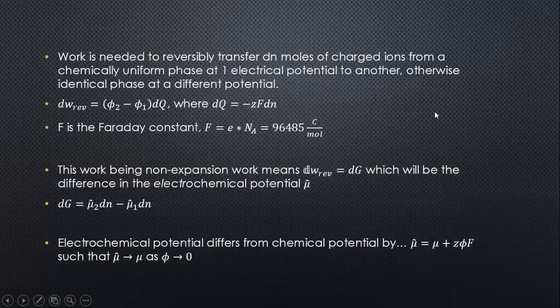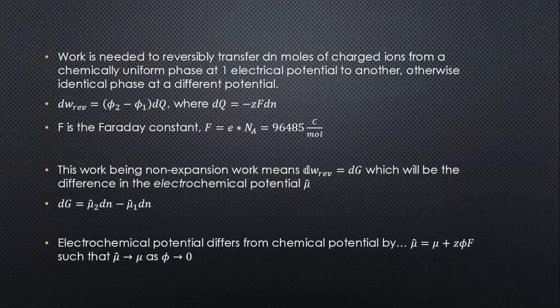So looking at what's actually going on, there's going to be work done. It takes work to reversibly transfer so many moles of a charged ion from a chemically uniform phase, a metal, at one electrical potential to another.